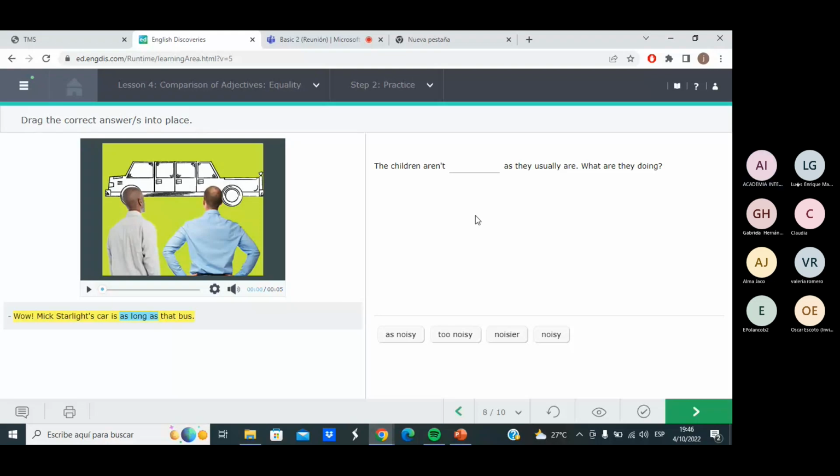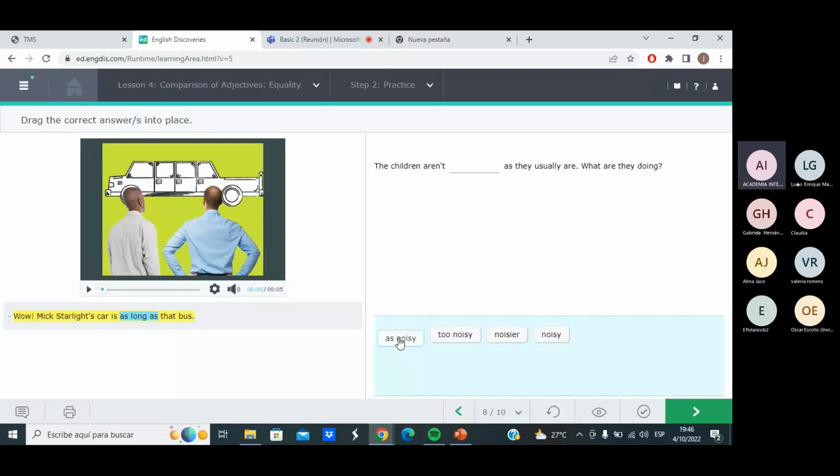Children, as noisy, can you read the whole sentence? Okay. The children aren't as noisy as they usually are. What are they doing? Yeah, makes sense.